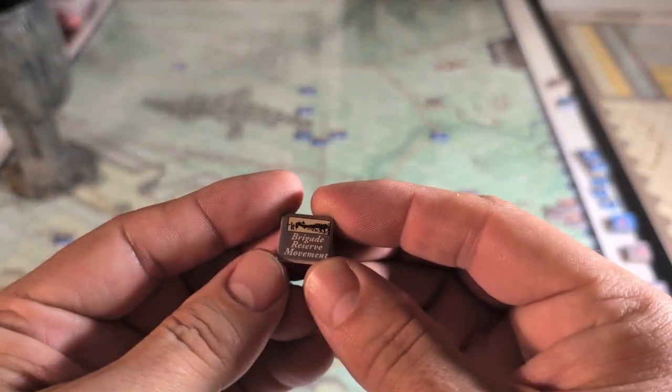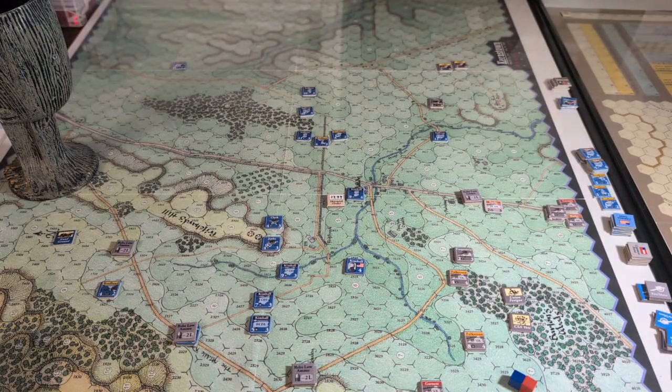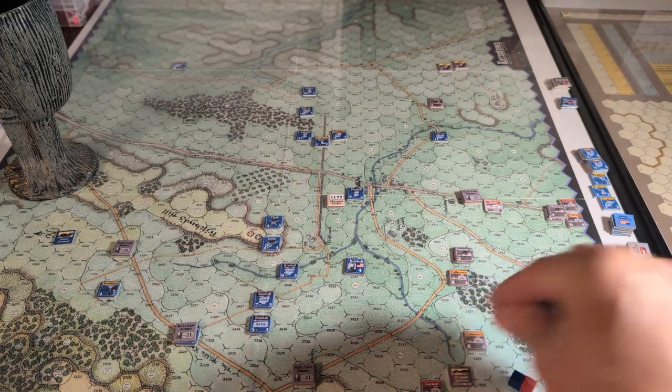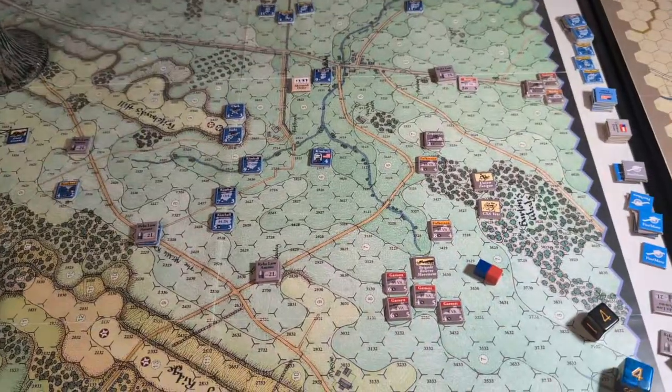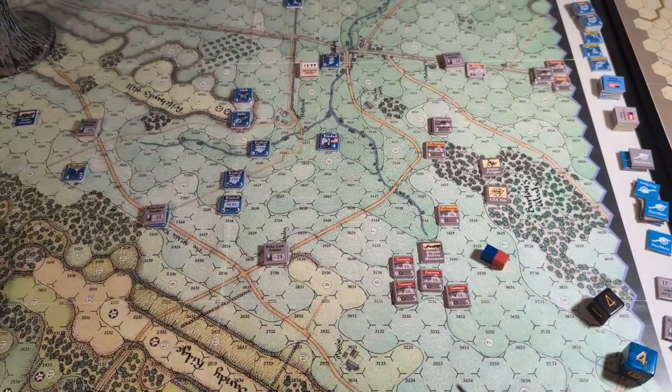Brigade Reserve Movement. All right. So yeah, we can play this on Garnett right here. They're all together.